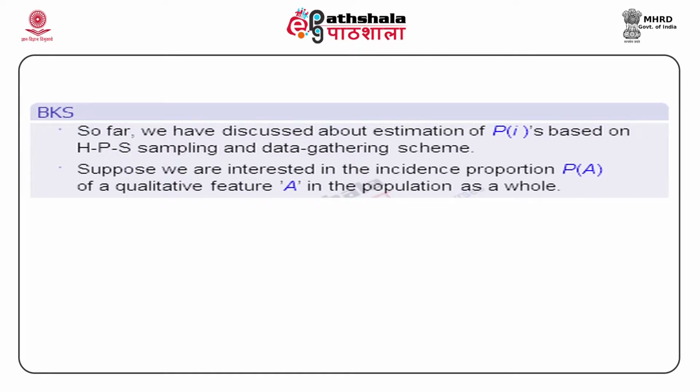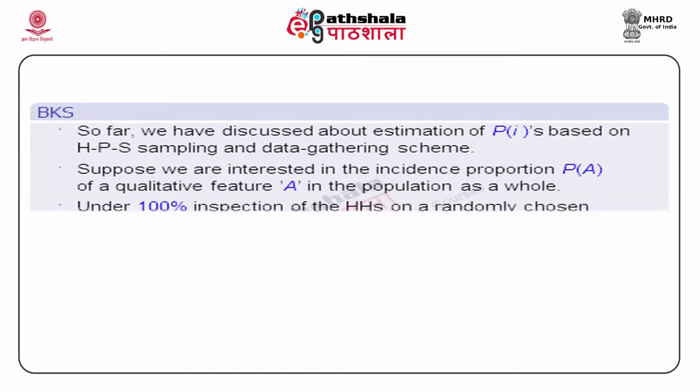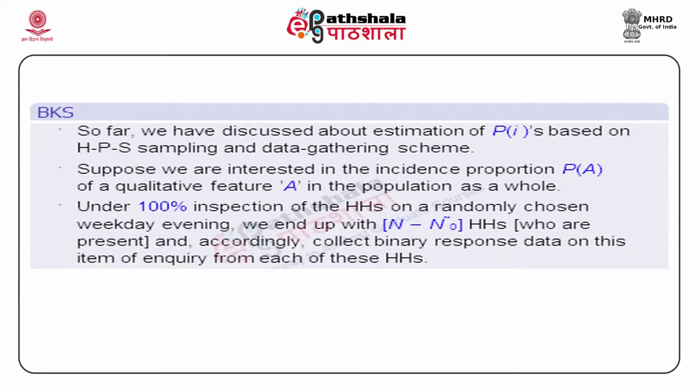Now we want to know how many are smokers, what percentage, like that. Under 100% inspection of the households on a randomly chosen weekday evening, we end up with so many households who are present, and accordingly we can collect binary response data on this item of inquiry from each of these households who are present. Okay? Suppose that it is a regular feature, then there is no problem in getting information on yes, no from these people.